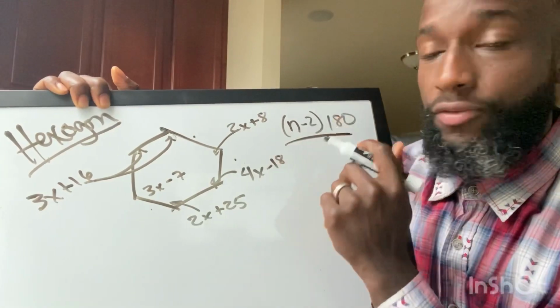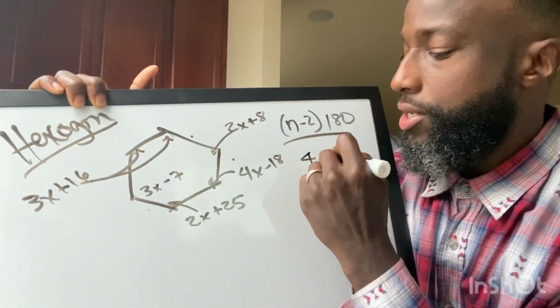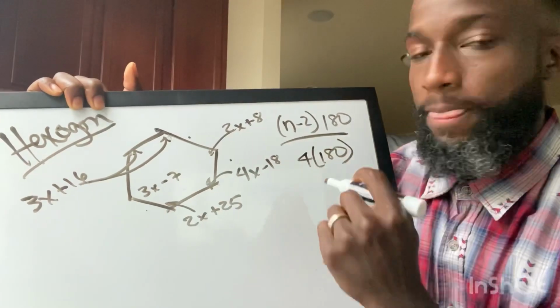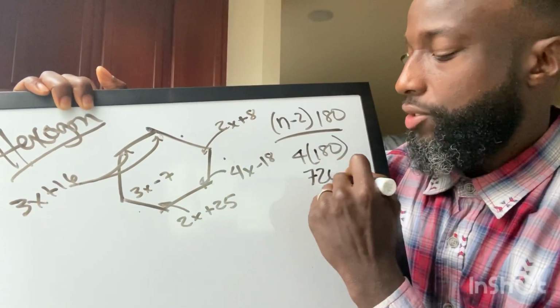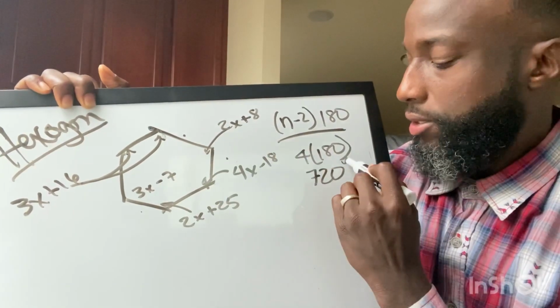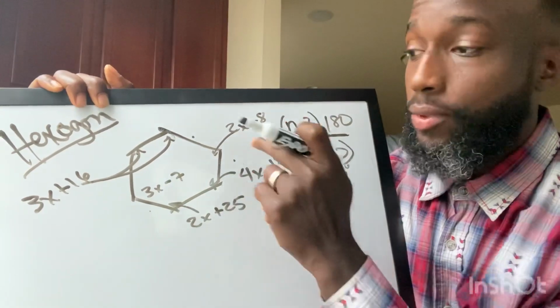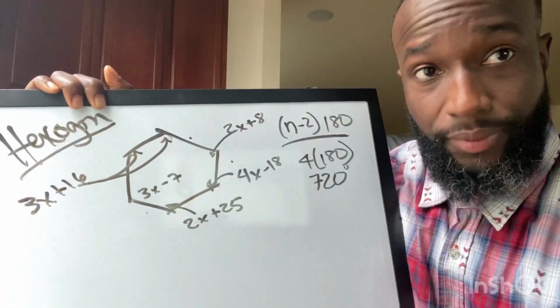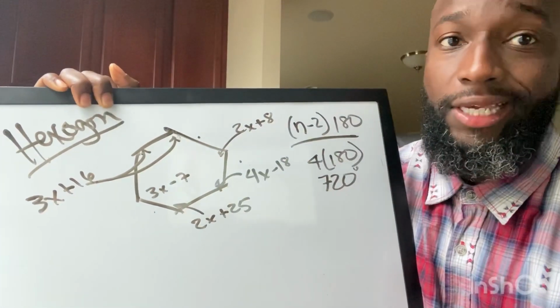So it'll be 6 sides minus 2, so 4 times 180, which is 720. So 720 degrees is what we're going to bring into this problem. Okay, now we have to write out the equation.